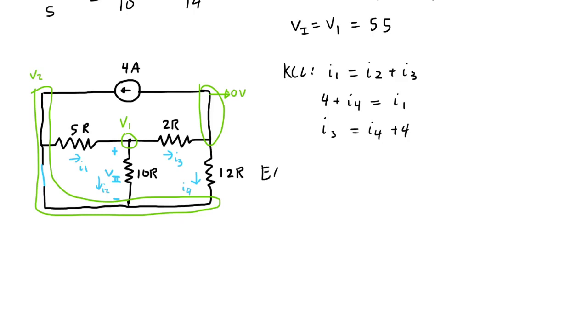Now the component equations. V2 minus V1 over 5 is I1, and I2 is V1 minus V2 over 10.